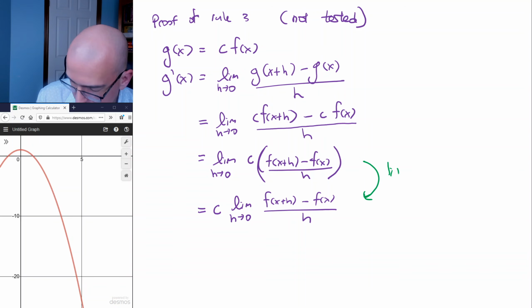You can go back to your notes on limits to look at what that property is. Okay, now we have an expression on the right-hand side, which is f prime of x.